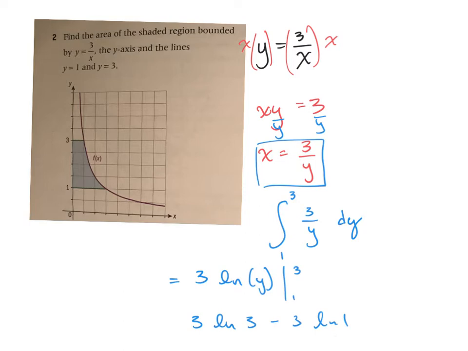So you are just left with 3 natural log of 3, because this bit right here is equal to 0. Let me know what questions you might have. I know this one was kind of strange, but basically you're just finding the inverse function by switching the x and the y, solving, and then integrating with respect to y as opposed to x.